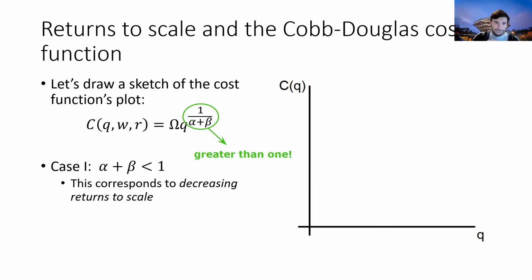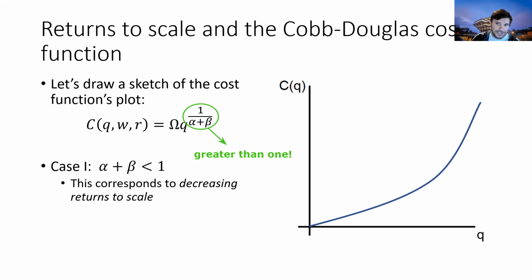Right, so if you have Q to some power bigger than 1, like X squared or X cubed or X to the 3/2, hopefully you have an idea of what the sketch of that graph is going to look like. It's going to be upward sloping, and the slope is going to get steeper and steeper as we increase our quantity produced.